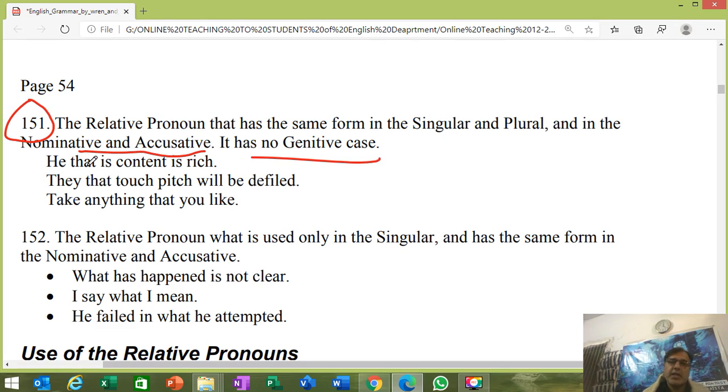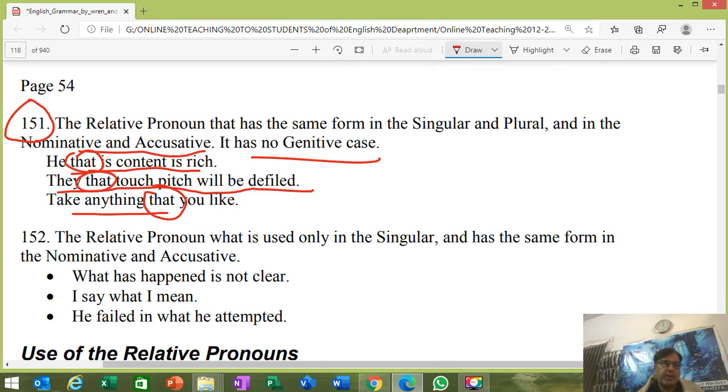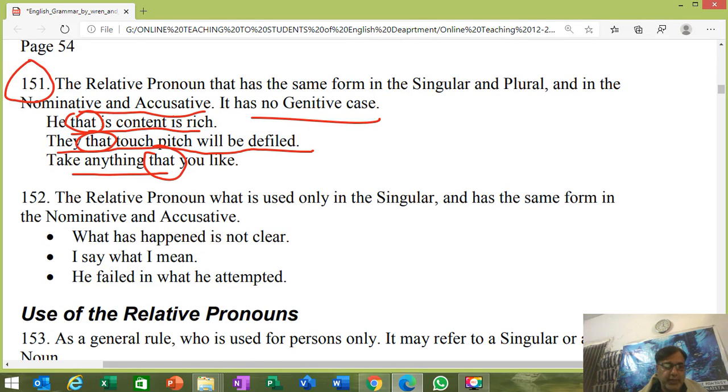Like: he that is content is rich. They that touch pitch will be defiled. You can see that is being used here as a relative pronoun. No genitive case is used here.